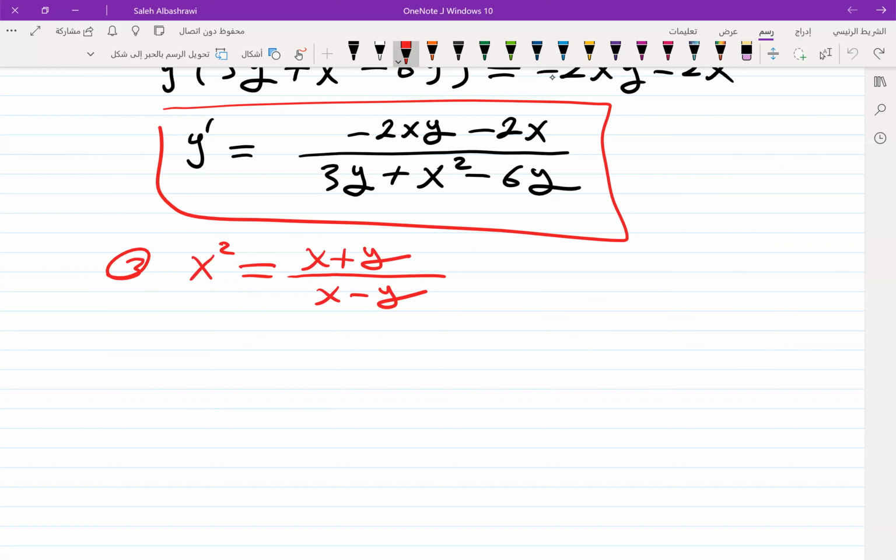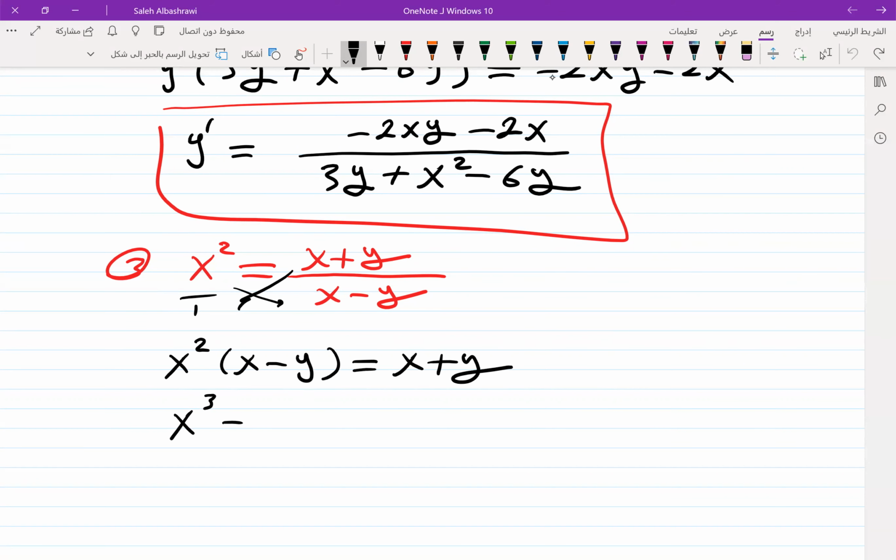If we do cross multiplication, I will have x square multiplied by x minus y equal to x plus y. Open the brackets: x to power 3 minus x square y equal to x plus y. This now will be easier than applying the quotient rule. I just simplify the form of the equation. Then I'm going to differentiate this equation.